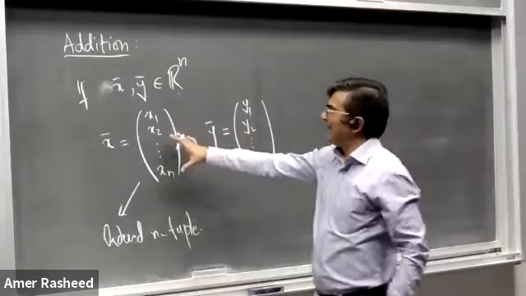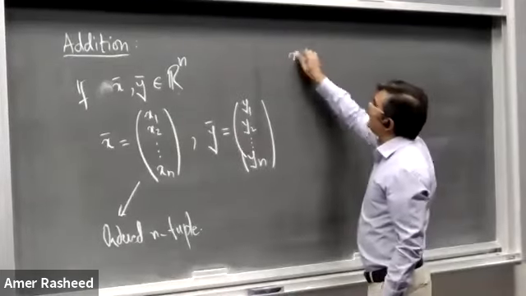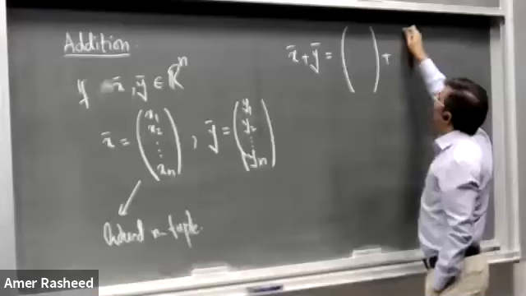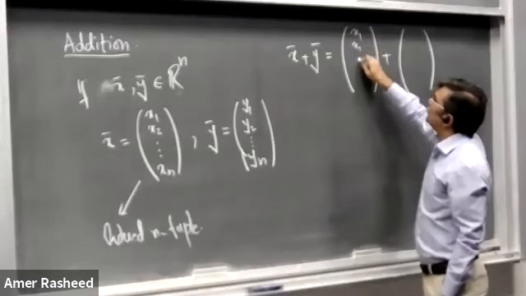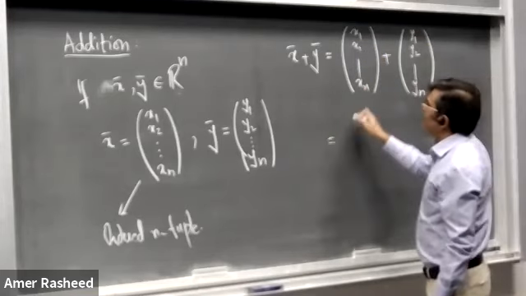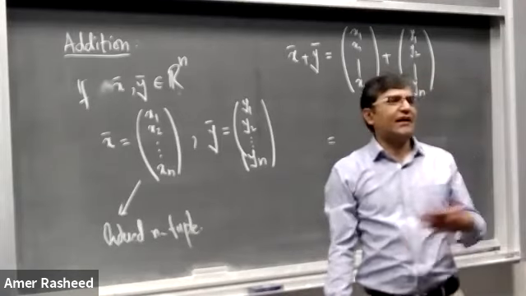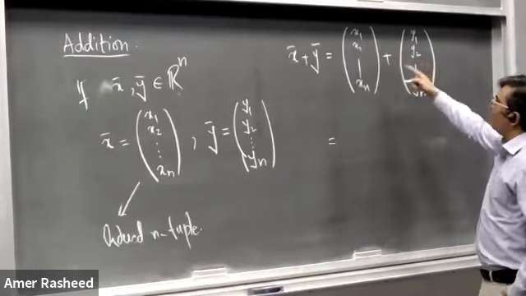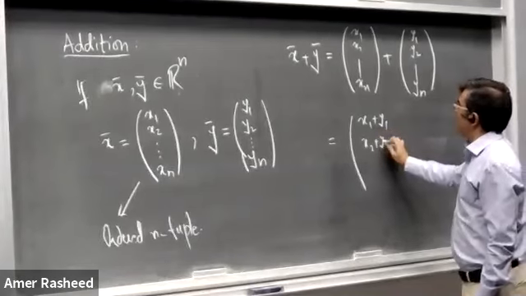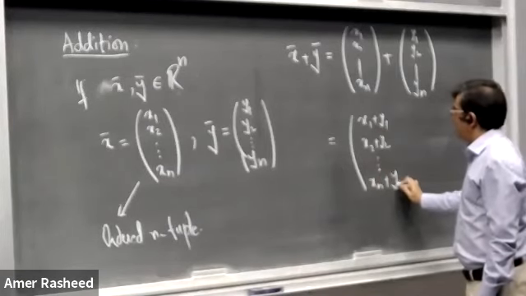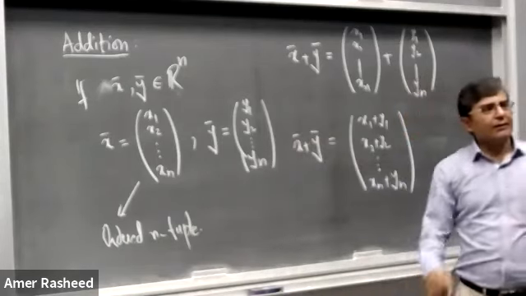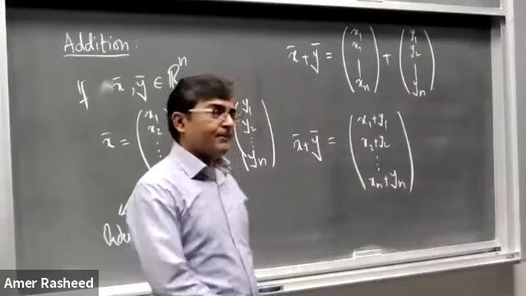Now, if we want to add these two vectors, x plus y, how do we add them? The addition of two vectors is just like matrices. We add the respective components of each vector: x1 plus y1, x2 plus y2, and so on, xn plus yn. This is how we add two vectors. Their respective components are added into one vector.